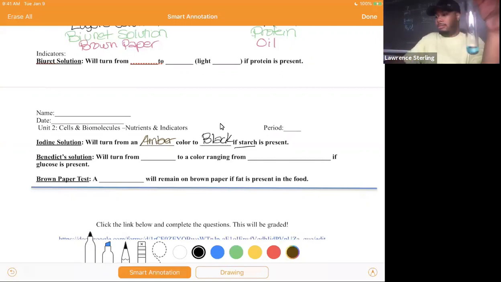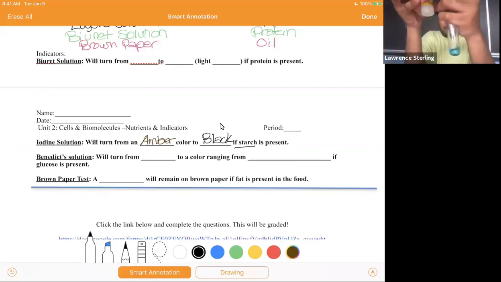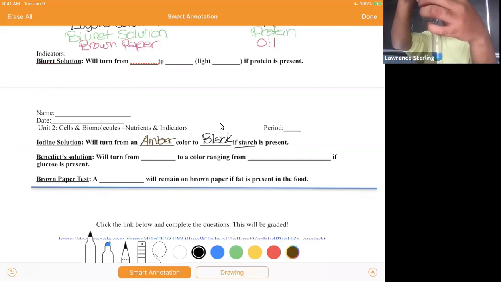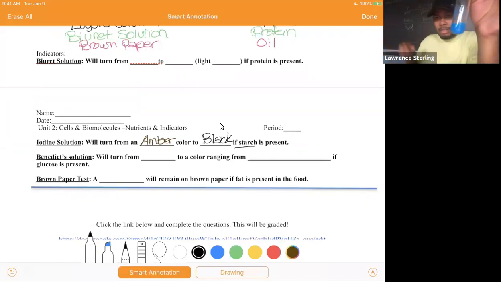That was a little more than a few, huh? And then a few drops of potassium hydroxide. Okay, mix, mix, mix. And it actually makes this really pretty blue color.